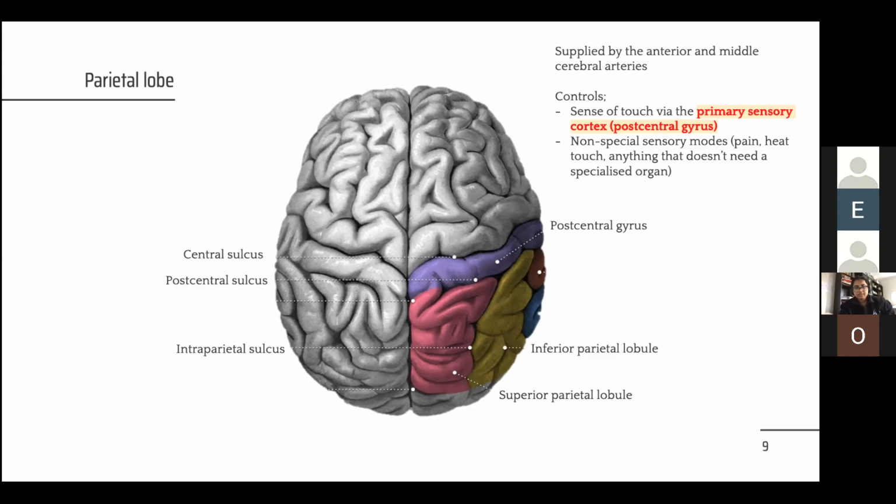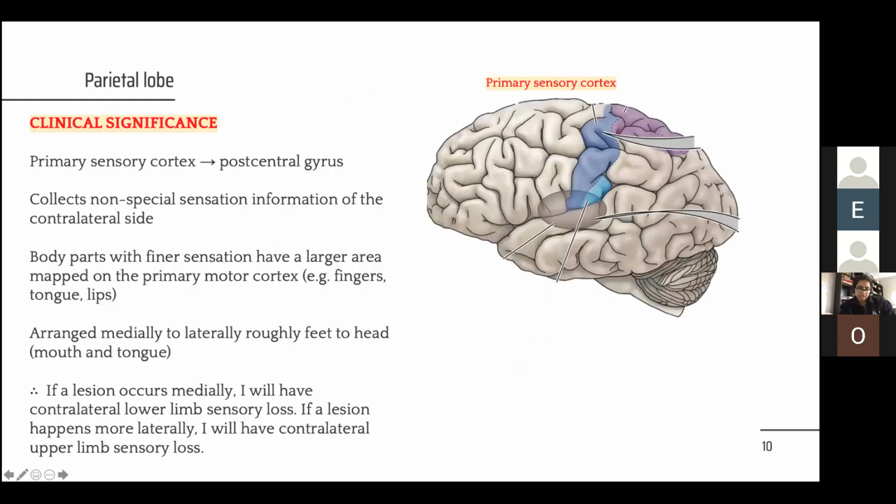In the parietal lobe, you've got the primary sensory cortex, which is this blue part over here. This is the exact same thing as the postcentral gyrus because it's after the central sulcus. Like I said earlier, it's responsible for collecting the non-special sensation of the opposite, contralateral side.